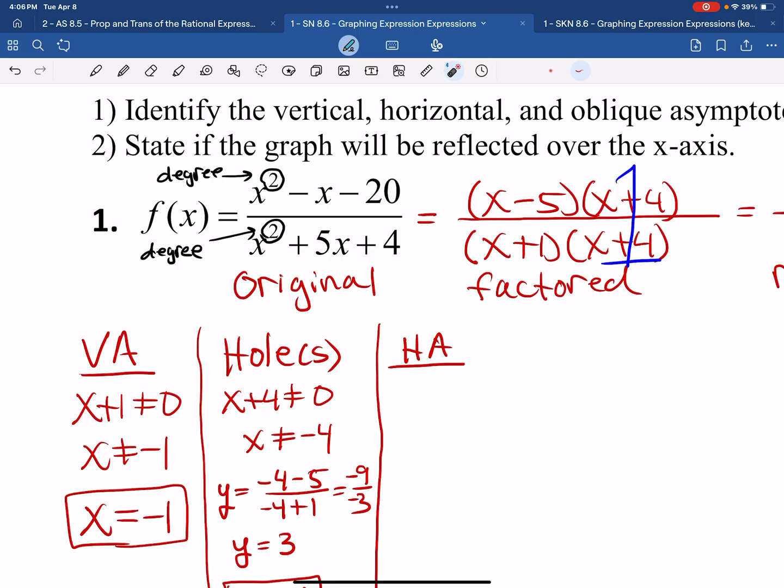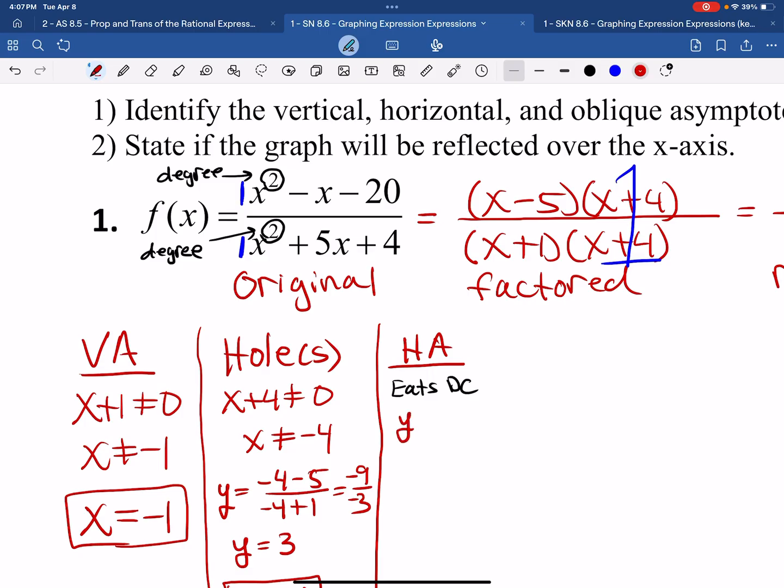So what we have is EATS DC. The E in EATS stands for equal. So these two are equal to each other. So we're going to write down here that we have an EATS DC situation. And if that's true, then we're going to take the leading coefficient, which is 1 on the top, and there's a 1 on the bottom, and we're going to divide them.